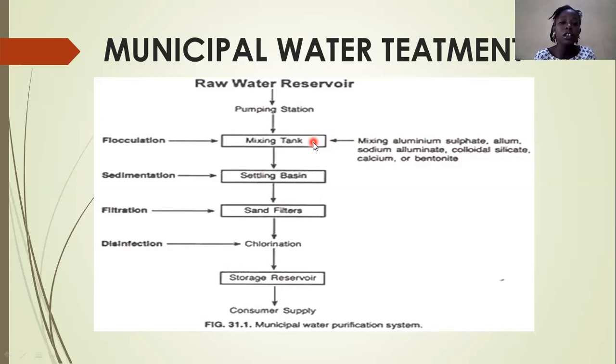So it forms big clumps, which then, the next process is that you put it into settling basins. Now, those big clumps that are formed settle down at the bottom of the basin, so the clear water is now at the surface. Then the next thing you do is to pass it through a sand filter.